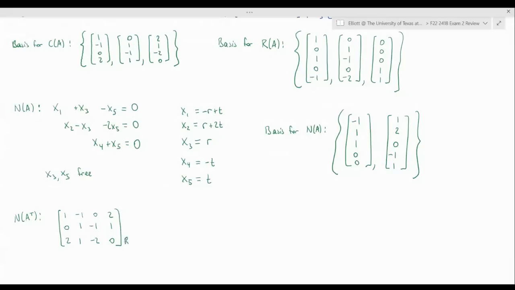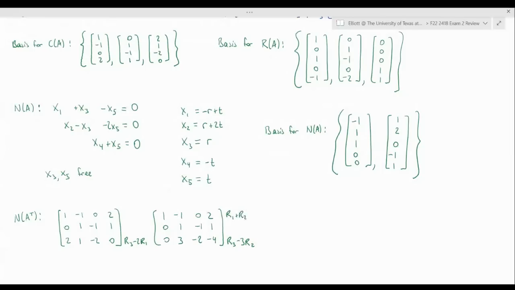So I'll do that real quick. Row 3 minus 2 row 1. Next, I'll do row 3 minus 3 row 2.